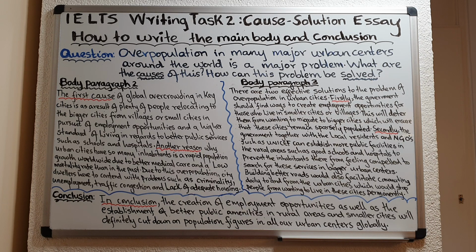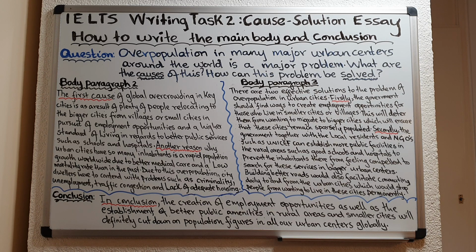So when you have employment opportunities and better public facilities in rural areas, remember rural areas are villages and smaller cities, you will definitely cut down. To cut down means to reduce. You will reduce population figures. So you will reduce, figures are numbers, okay?